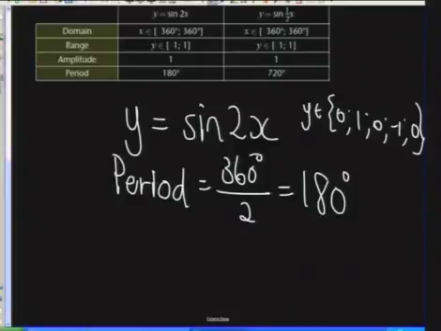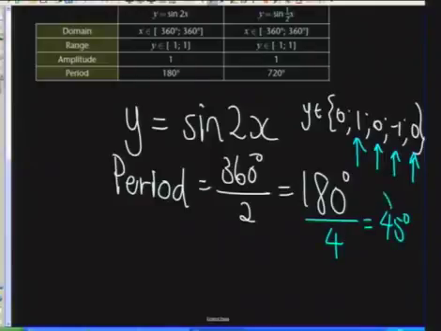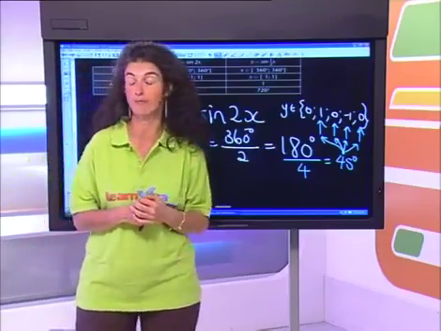So that's what we're expecting of a sine cycle. And I would then say, I need to plot 1, 2, 3, 4 values across 180 degrees. So I need to divide that by 4 in order to get to what my quadrant angles are going to be. So that would be my first value, my second one, my third one, my fourth one. Every 45 degrees, I'm going to be plotting that sequence of values.